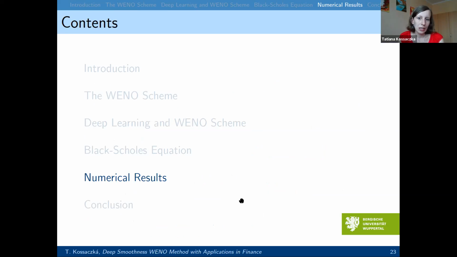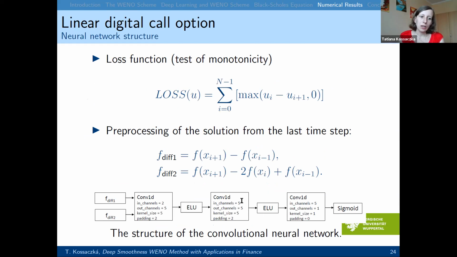And how did we proceed? Firstly, we observed that the oscillations are present basically in the first few time steps of the solution. If we applied the original WENO method for solving the problem of linear digital options, we observed oscillations in the first few time steps, and that gave us the opportunity to enhance the solution using deep learning, and actually get rid of these oscillations.